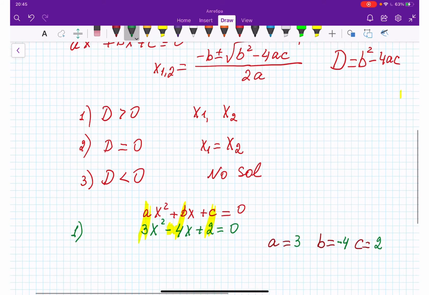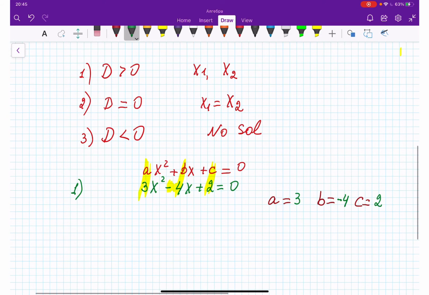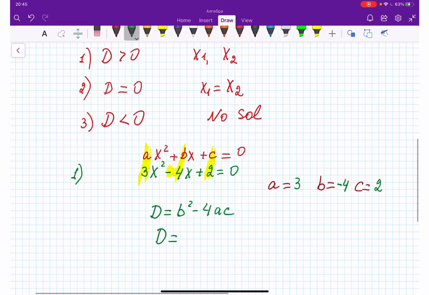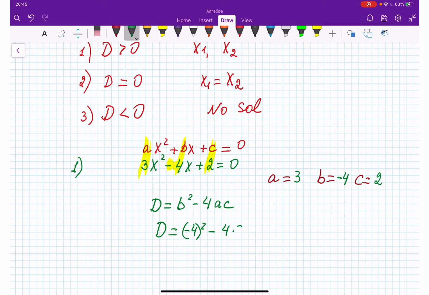So let's identify the discriminant. The discriminant is b squared minus 4ac. So the discriminant is equal to negative 4 squared minus 4 times 3 times 2, right? 4ac.